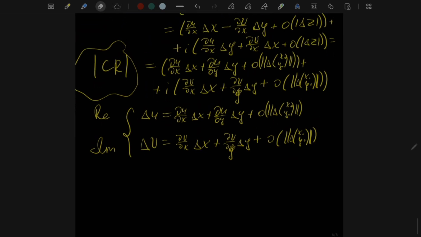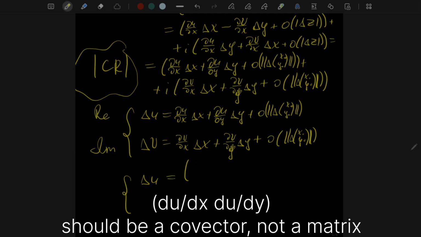Okay, and please notice that this can be rewritten as delta u is equal to our matrix du by dx, du by dy, multiplied by vector delta x, delta y, plus little o of the absolute value of the vector delta x, delta y.